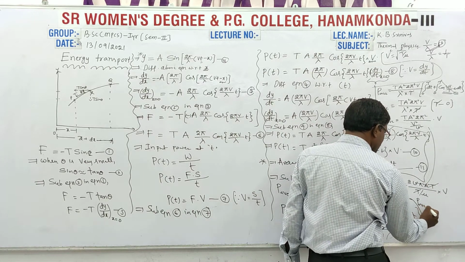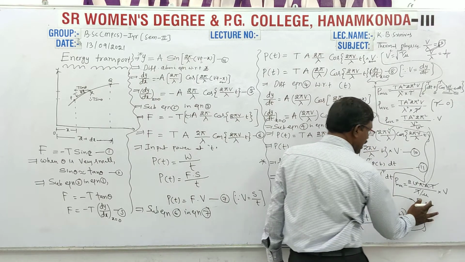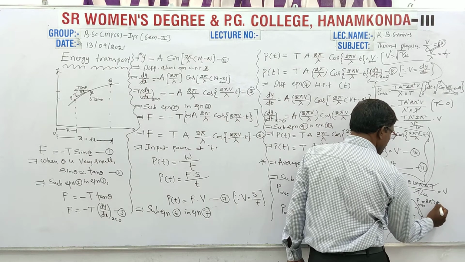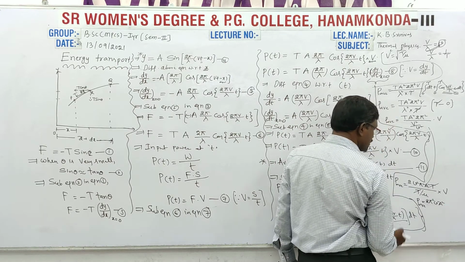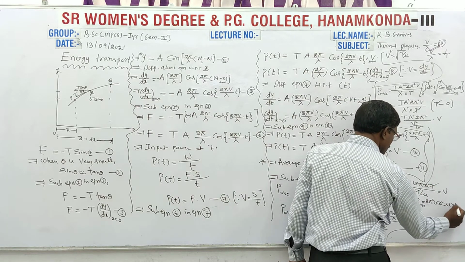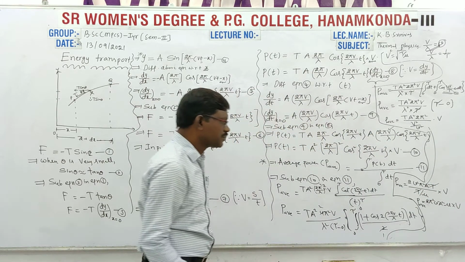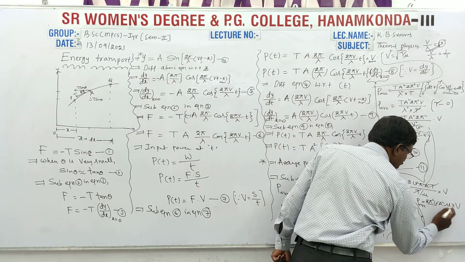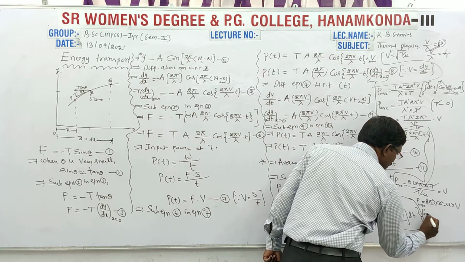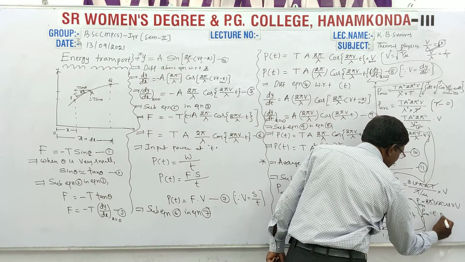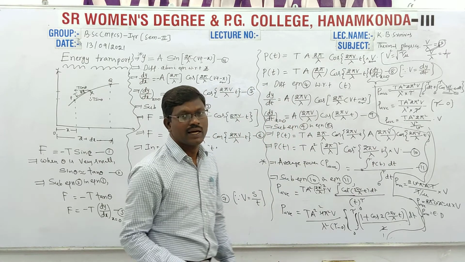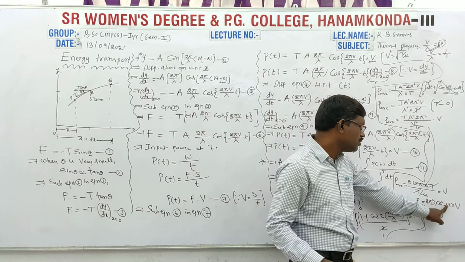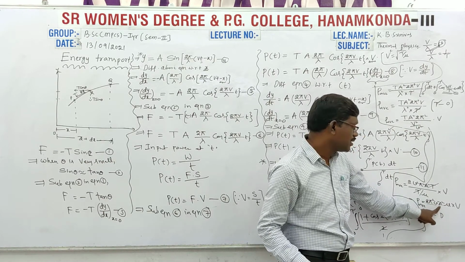So the final expression, average power is equal to how much? 2 pi square nu square a square into mu into v. See the final expression. So this first term, 2 pi square nu square a square mu, represents what? Energy density only. I have already derived the expression for energy density as 2 mu pi square nu square a square.